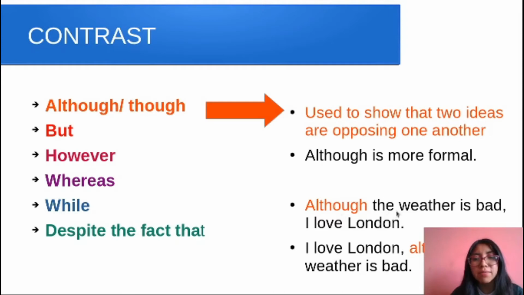Okay, here you have some examples. Although the weather is bad, I love London. Pay attention, I love London, comma, although the weather is bad. Pay attention here, you can use although in two positions.